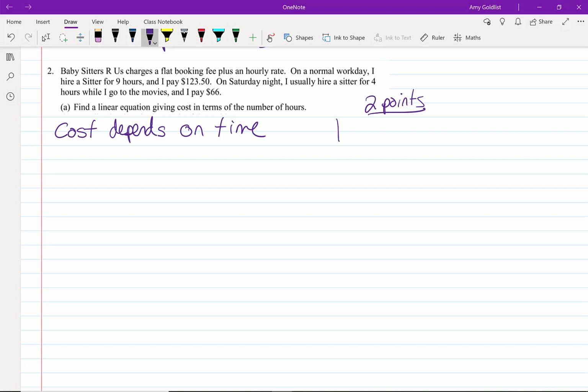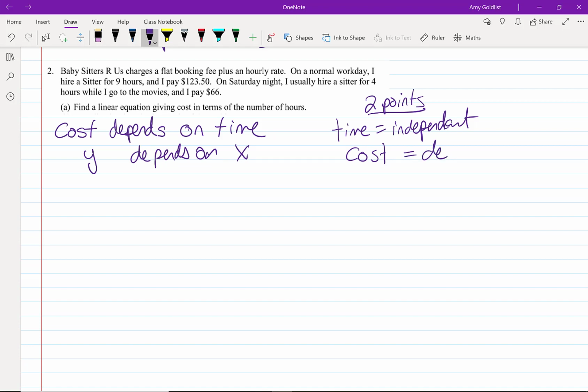Time is always independent. Costing is dependent. Remember, we say Y depends on X. Time is never the dependent variable because it's strange to say that time is going to change based on other things, unless you had a time machine, which would be very cool.